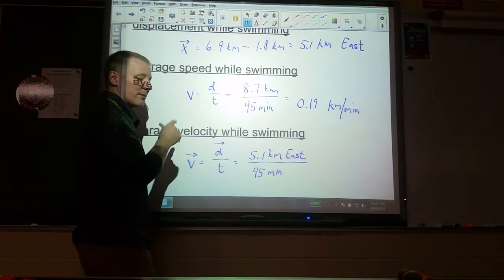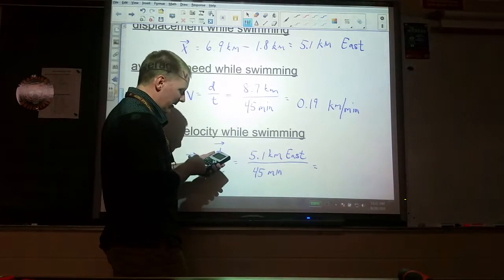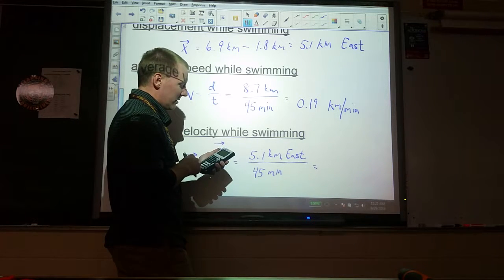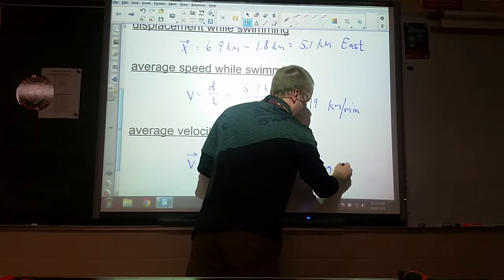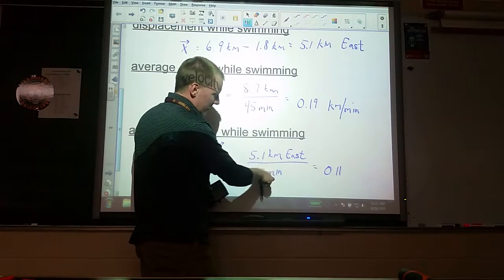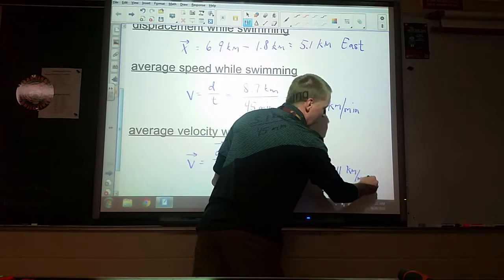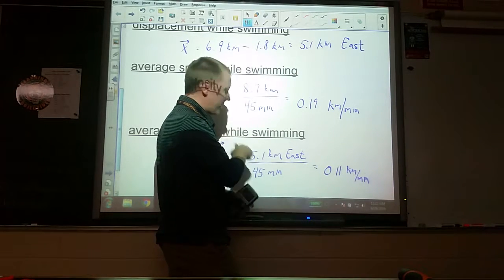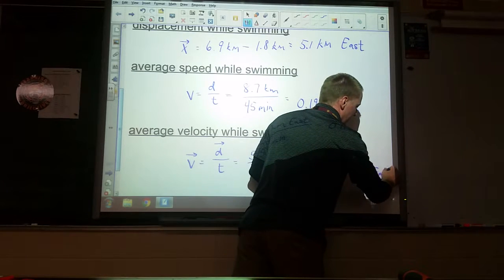This is only looking at the beginning and end points. So we're going to divide out the numbers. 5.1 divided by 45 gives me 0.113, two sig figs again, so 0.11. Use the units as before, kilometers per minute. And now we have to tack on the direction, which we get from the displacement, east.